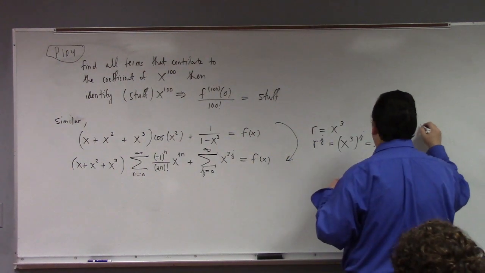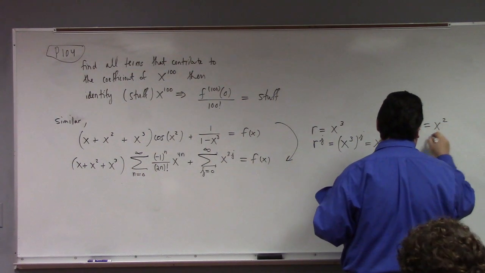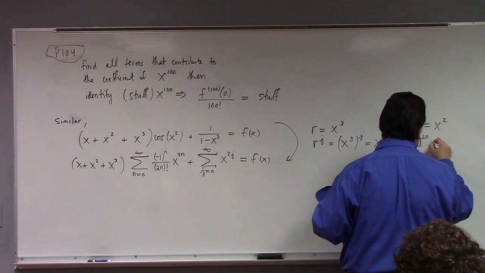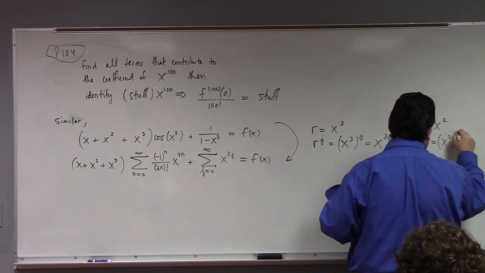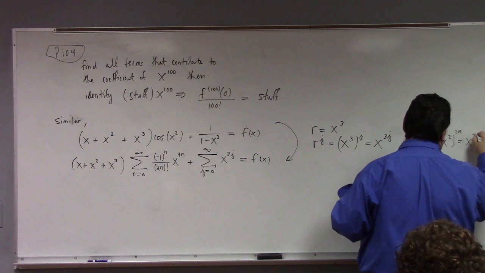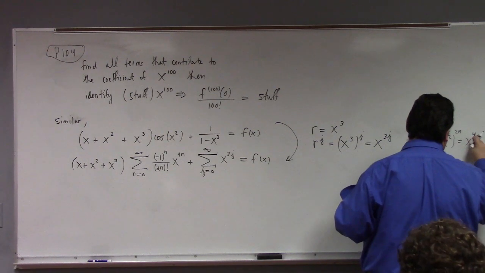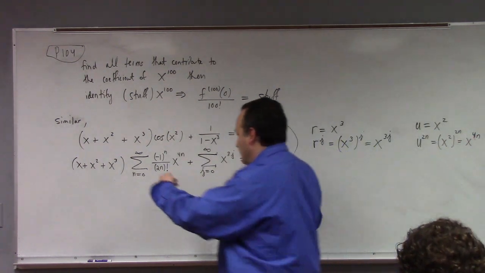And also I'm making a u equals x squared substitution, so I've got u to the 2n, which is x squared to the 2n, which is x to the 4n. So there's my internal thinking for this step, right?